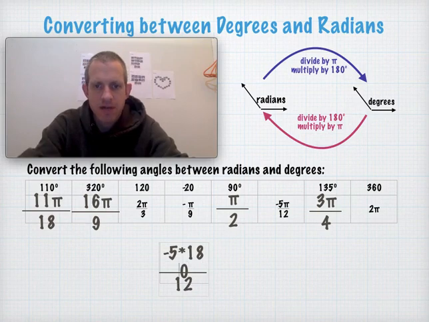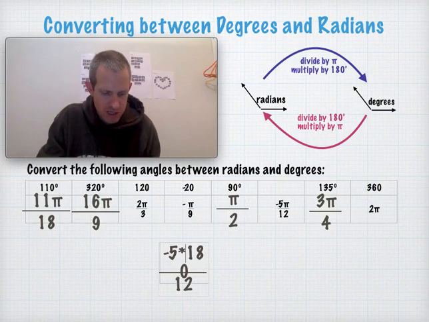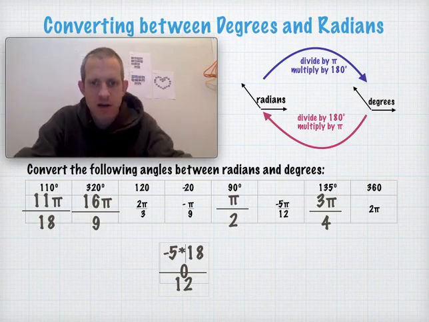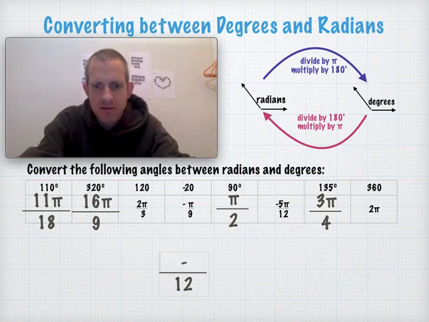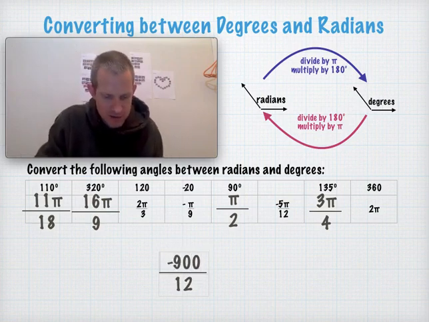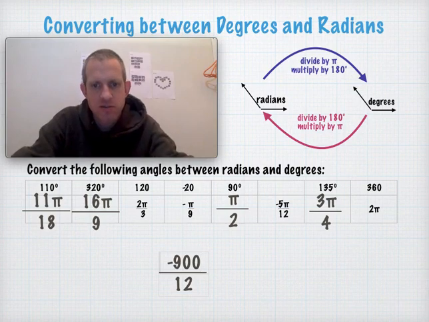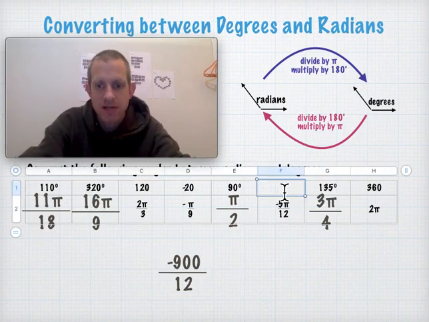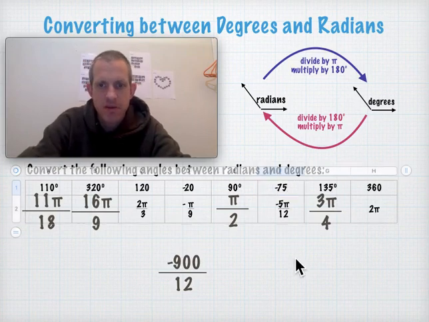And definitely I'm using a calculator for this sort of thing. So negative 5 times 180 was negative 900 on top, and negative 900 divides by 12 nicely into negative 75. So final answer there, negative 75 degrees.